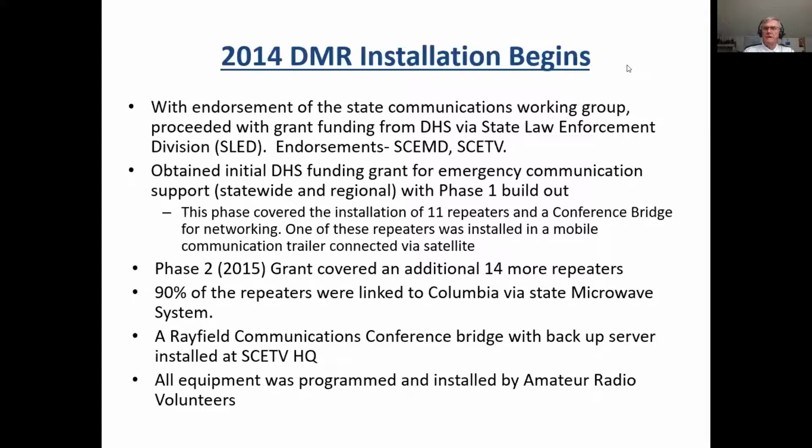Then the phase 2 grant came through in 2015 and funded 14 more repeaters. About 90% of these repeaters were linked via the state microwave system, which means that losing the normal internet had no meaning because we were on a radio internet connection.